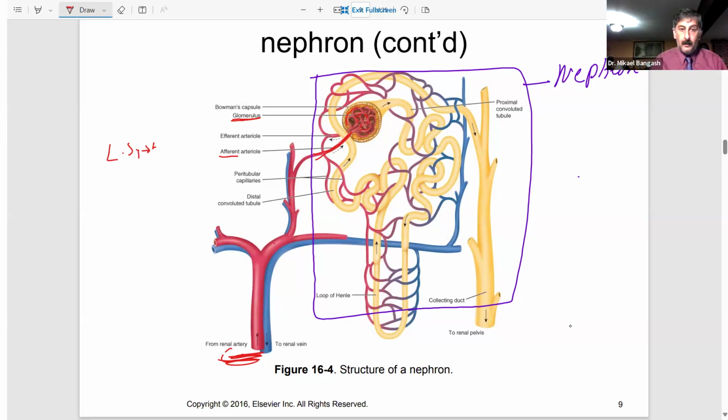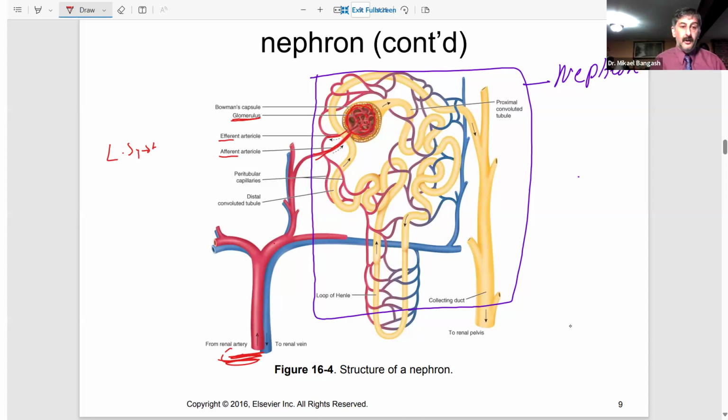Now, had this been any other structure after a bed of capillaries, we may have just had a venule that would then have become a vein and left. But ladies and gentlemen, since we have not just one bed of capillaries but another bed of capillaries as well, this is going to be your efferent arteriole. So this is still an arteriole.